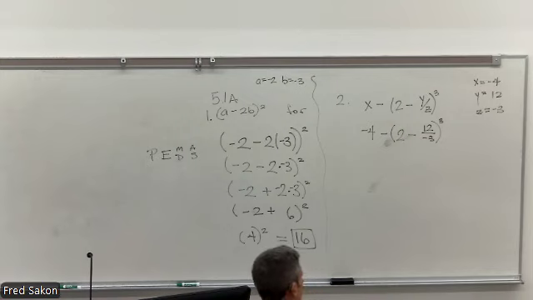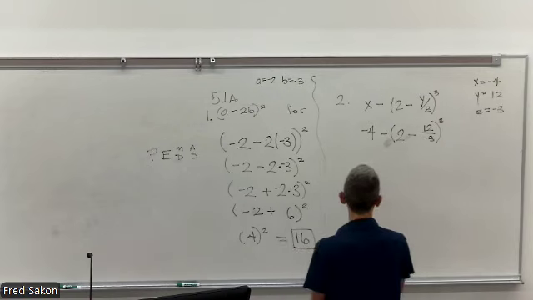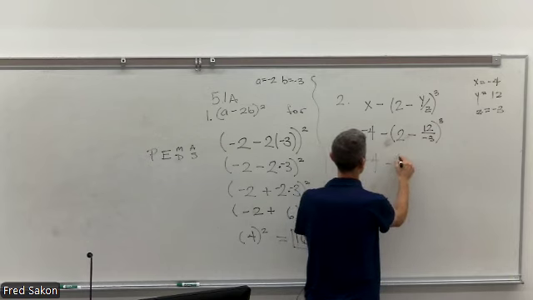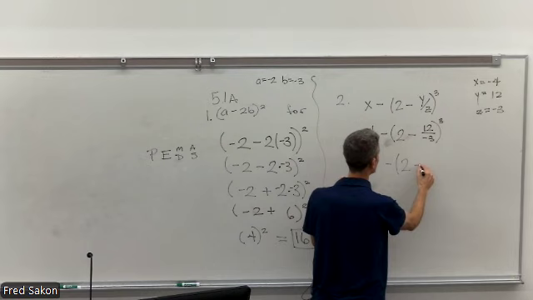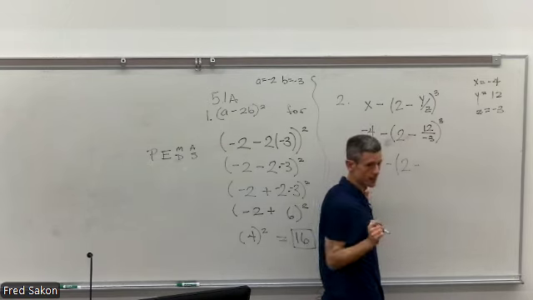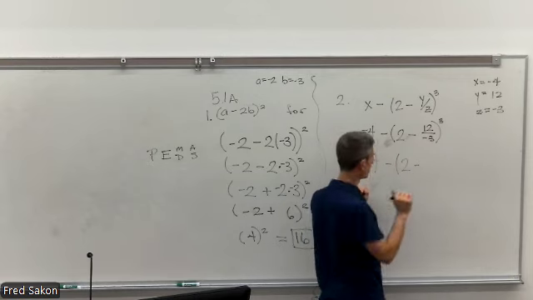What would we do first within there? Yeah, let's try that. What's that? 2 minus what? 12 divided by -3 is -4.